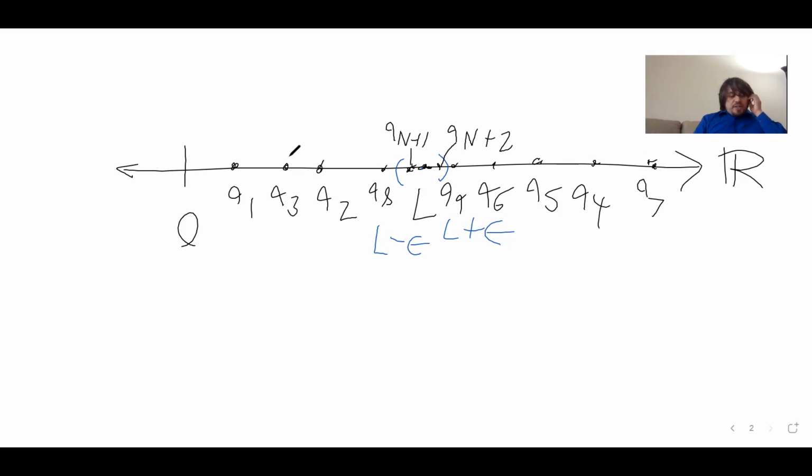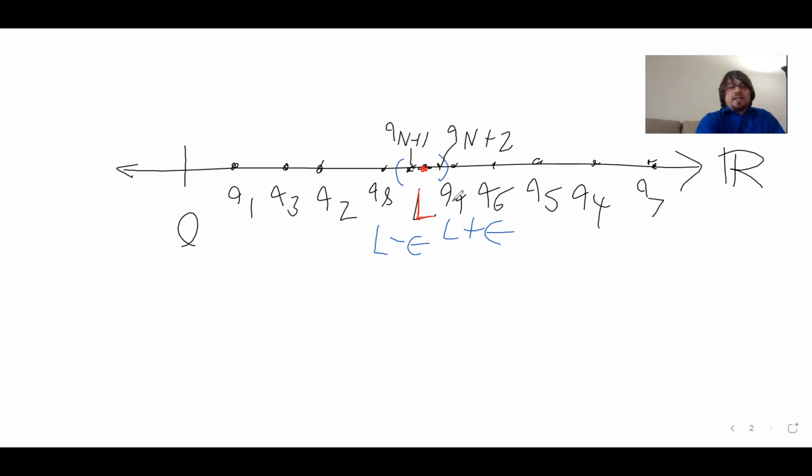So what the limit definition is saying is that capital L is the limit of your sequence. Let me label it in red. Red L, that's the limit. It's this real number here.